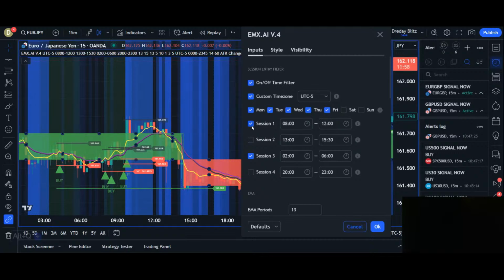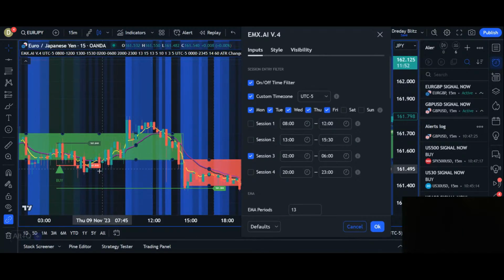So this will be removed, and as you can see, no signal. We're only going to receive signals right now from 2 a.m. to 6 a.m. And that's why you see a signal here at 4 for a buy.